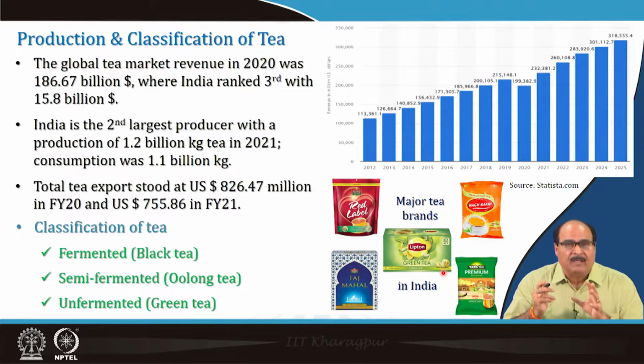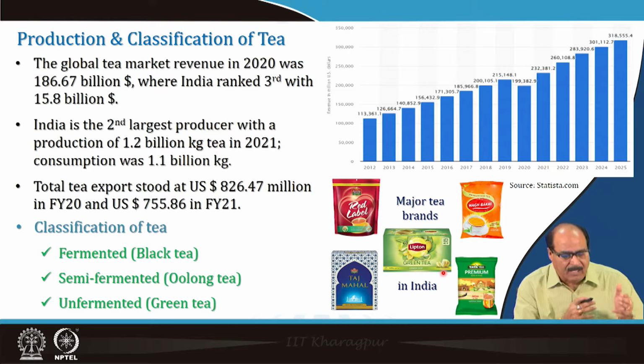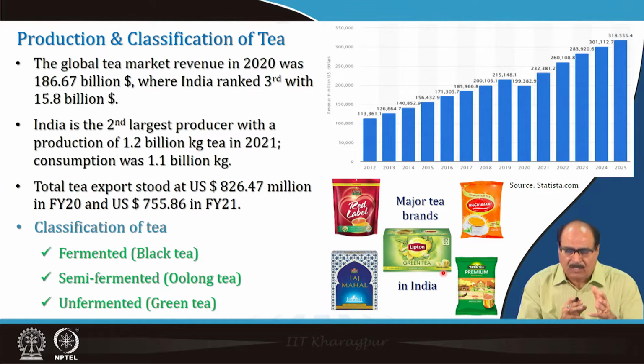India makes different types of tea, and there are different tea products depending on the manner in which they are processed. These are fermented, that is black tea, semi-fermented oolong tea, and unfermented green tea. We will take up a separate lecture in the 8th week on the processing of cocoa and other plantation crop products.